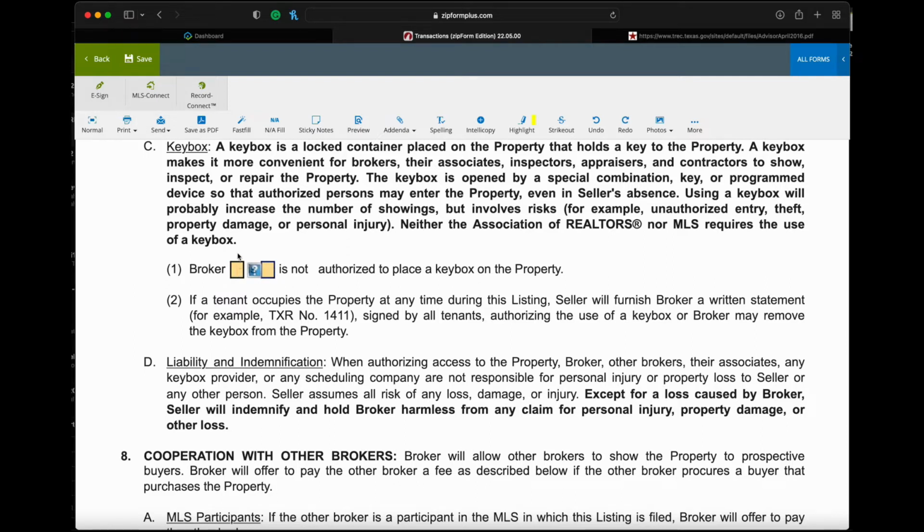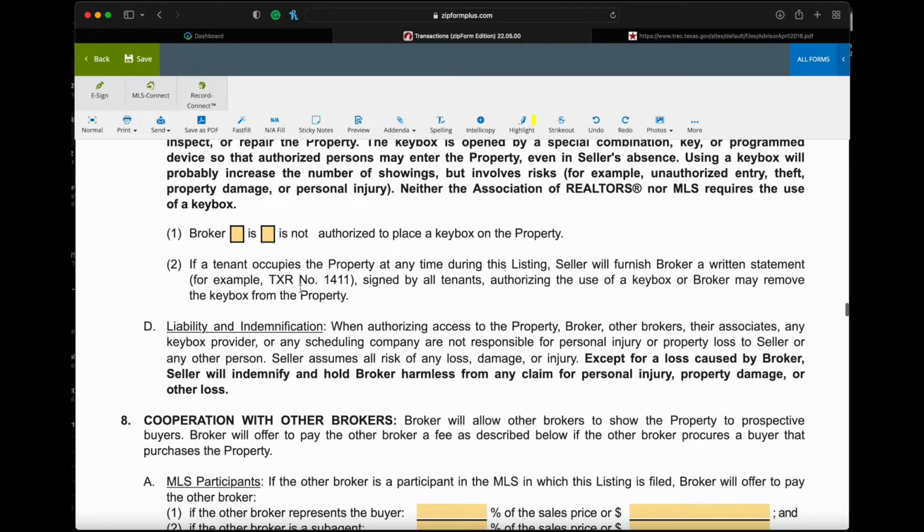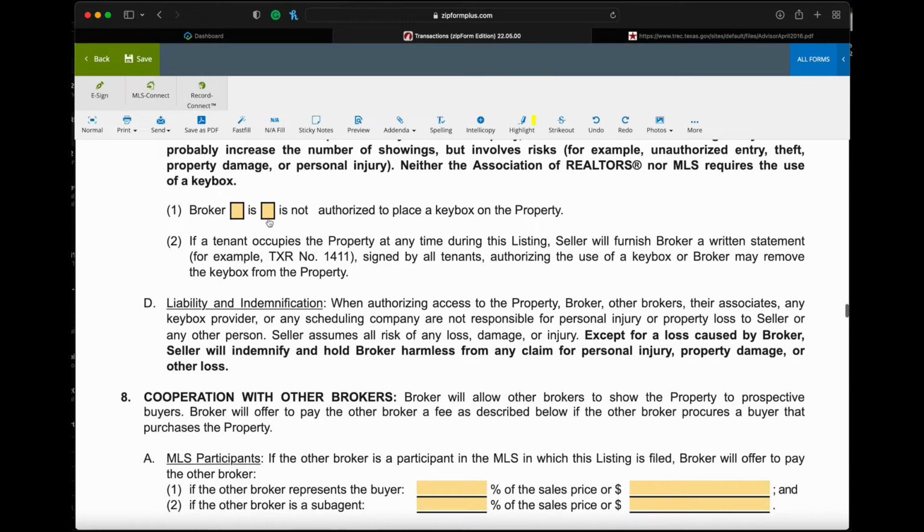There are some listings where they do not want lockboxes. Sometimes with very high-end houses, or if they have a lot of expensive stuff in there, or they just don't want people coming in without anybody knowing, they might not want you to put a lockbox. It's very rare now, but sometimes they do want the key to be at the listing office or something like that, which makes it quite difficult, but it does still happen.